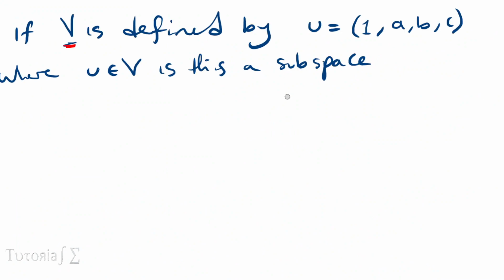All right, so let's look at this question now. If V is defined by U, which is this, where U is an element of V, is this a subspace? So now instead of a 0, we have a 1 there. The definition clearly says that all vectors that are in here should have a 1 there.